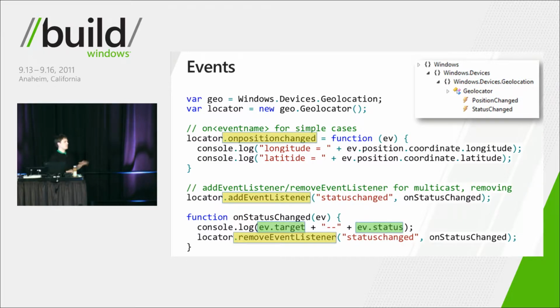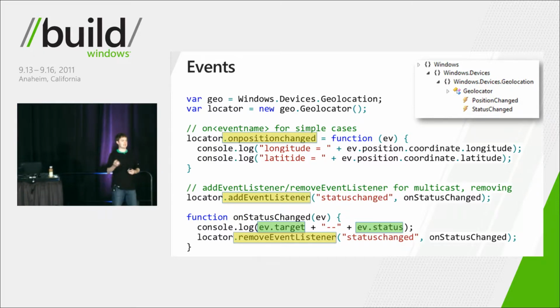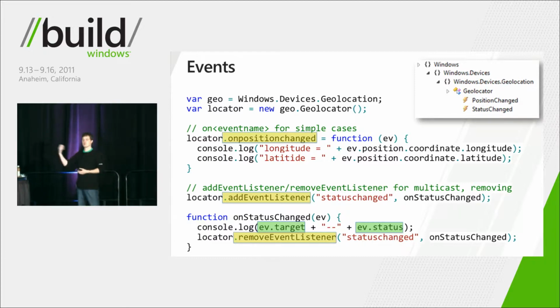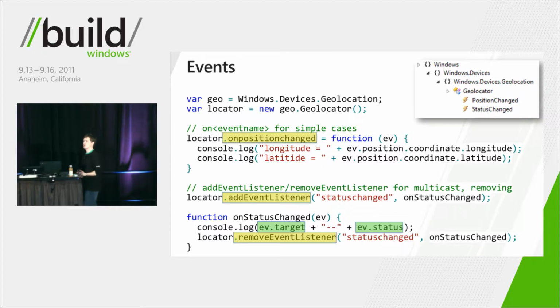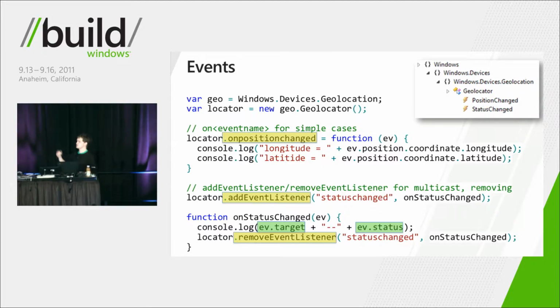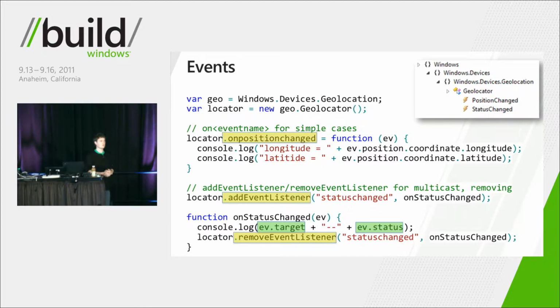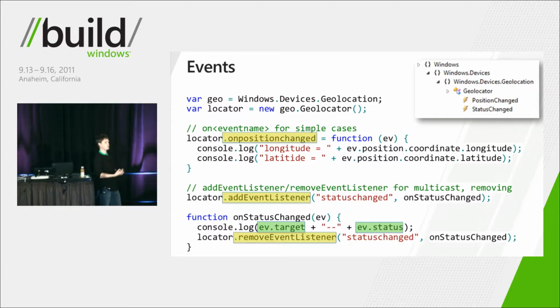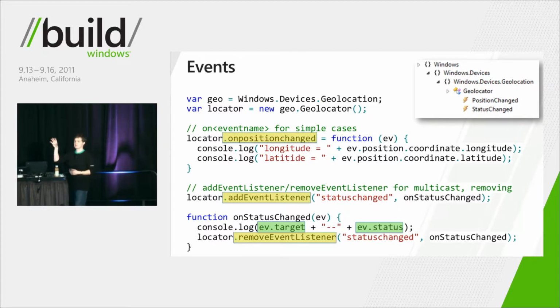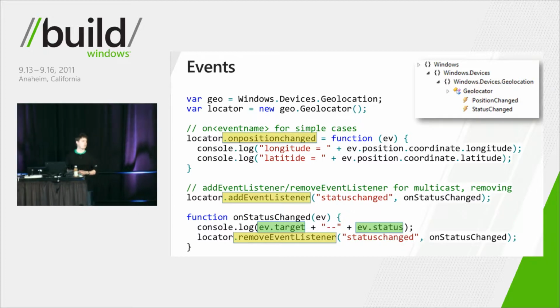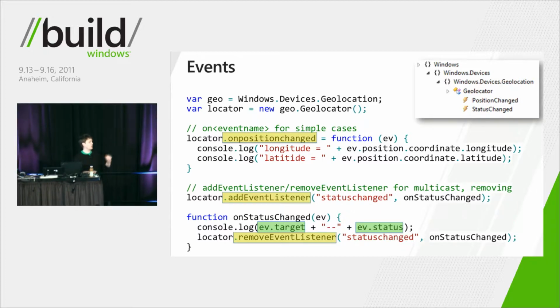Now, as well as exposing this add event listener, remove event listener pattern, DOM events also exposes the actual event object you get passed in your callback functions and provides some standard functionality on that. For instance, we can get the target of the event invocation, or we can get the name of the event that was invoked, so we can differentiate in our callback. And so a lot of that same information we make available on the exposed Windows Runtime event object.